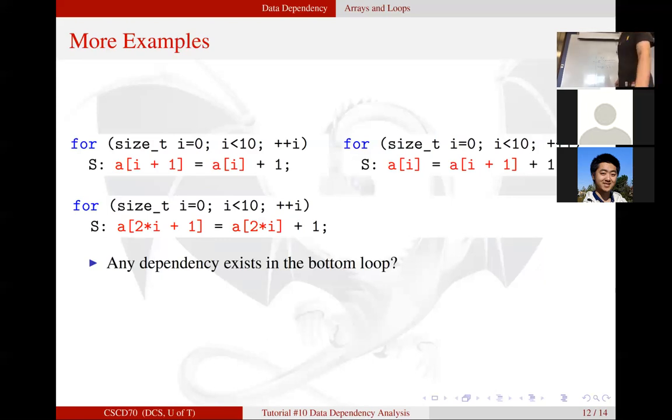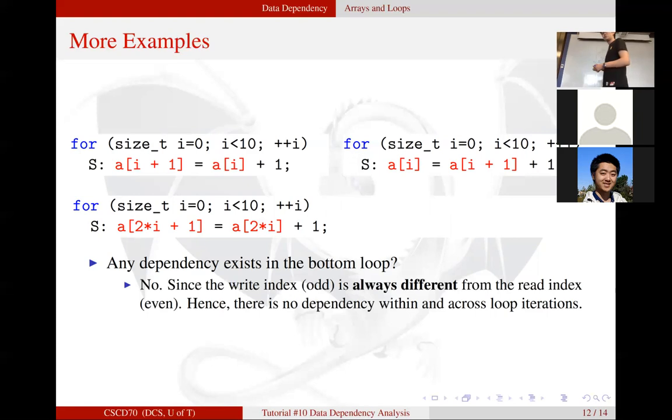Well, the answer is no, right? Because as we can see from this example, at each iteration, the write index is guaranteed to be different from the read index, right? So hence there is no dependency within and across the loop iterations.